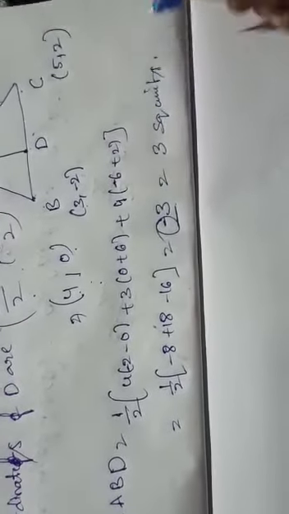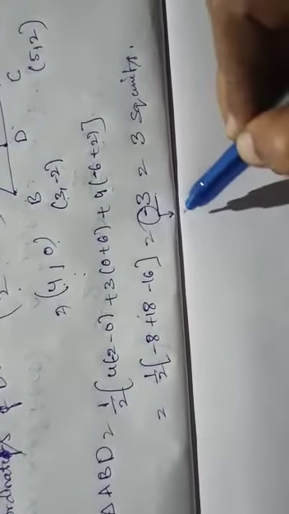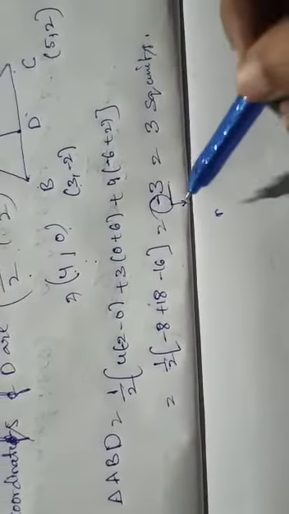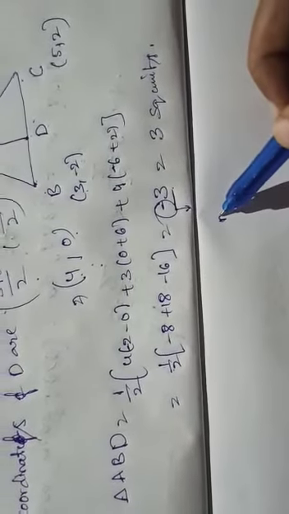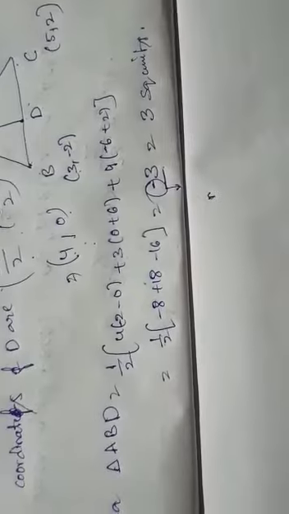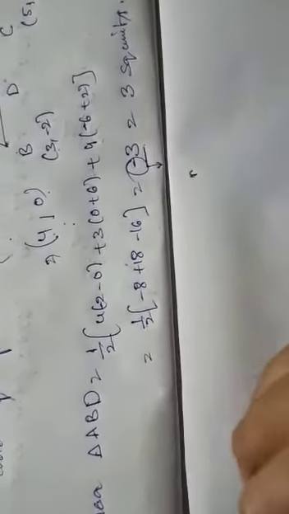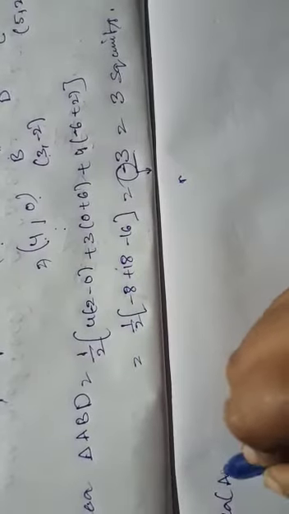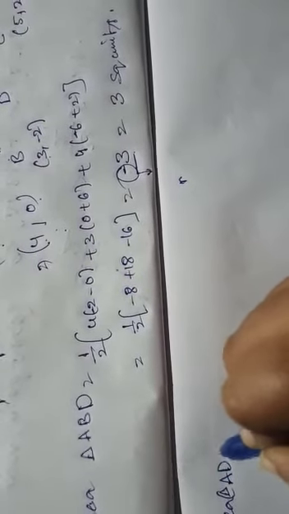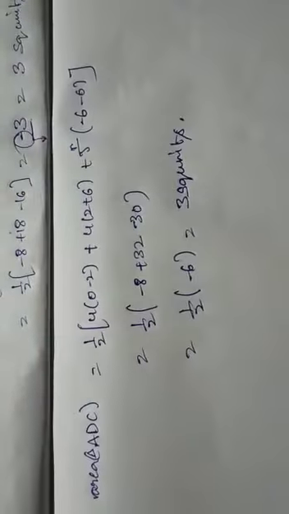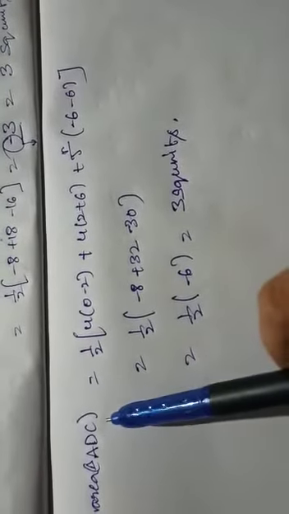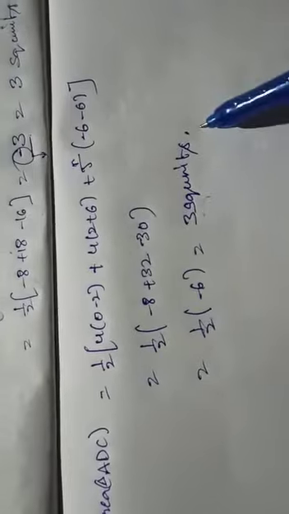Here, the negative sign represents negative coordinates. Next, the area of triangle ADC, we get 3 square units.